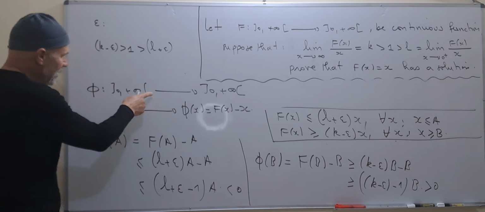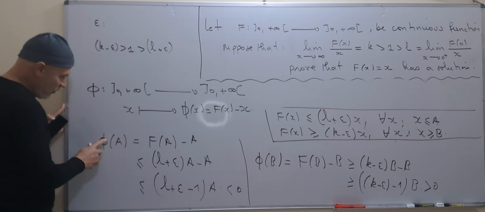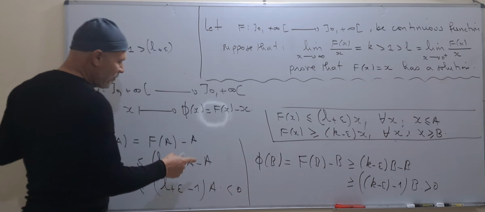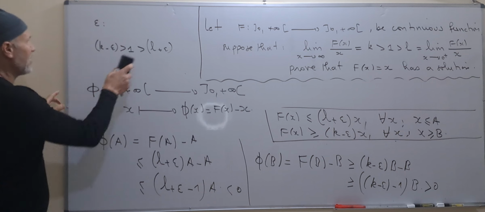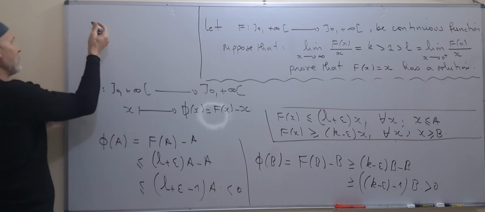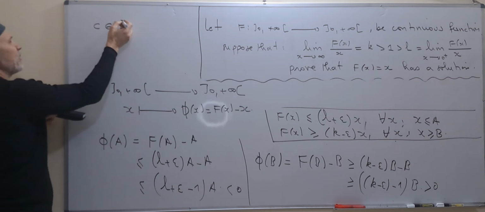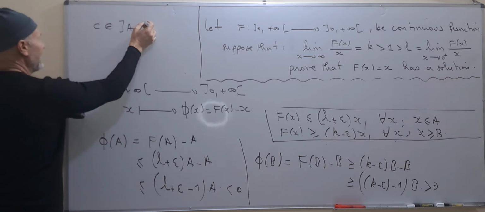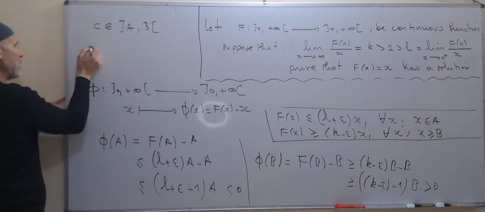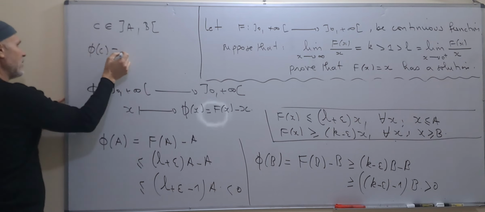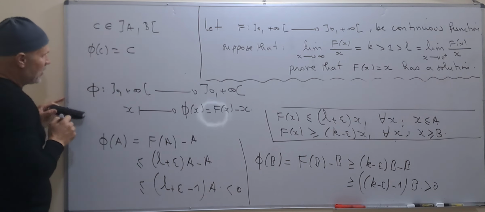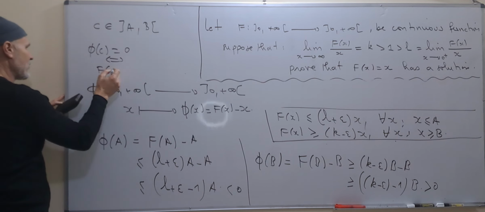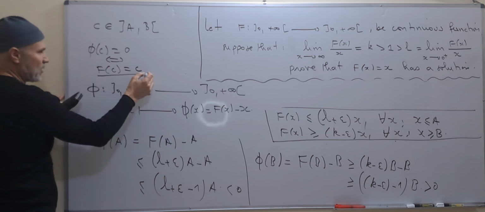We have a continuous function phi such that phi of A is negative and phi of B is positive. This means that there exists some c which belongs to the interval A, B such that phi of c equals 0, equivalent to saying that f of c equals c.